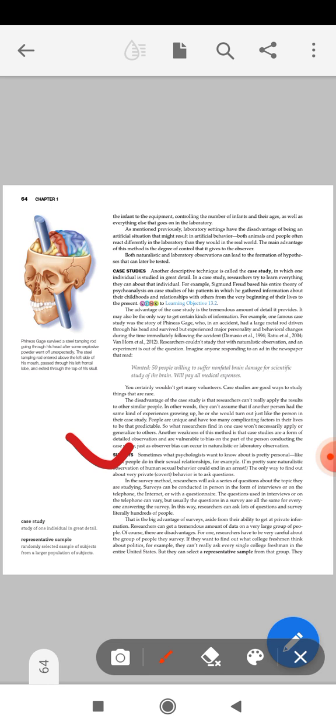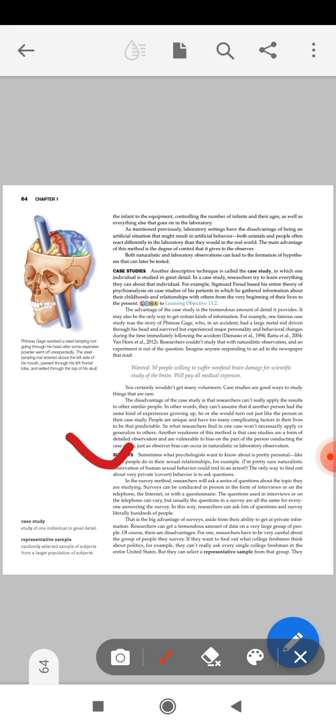It may be on telephone also, on internet also, or whatever is easy for us. We can conduct these surveys and questionnaires and get to know about the thinking of our sample population about such questions, and hence we can come to a conclusion about what happens, not why, because it's a descriptive method, so it will not give you the reason, but it can be generalized to the population.